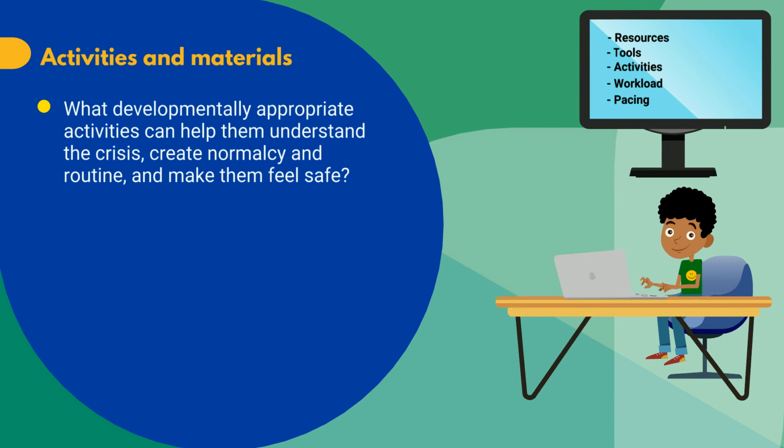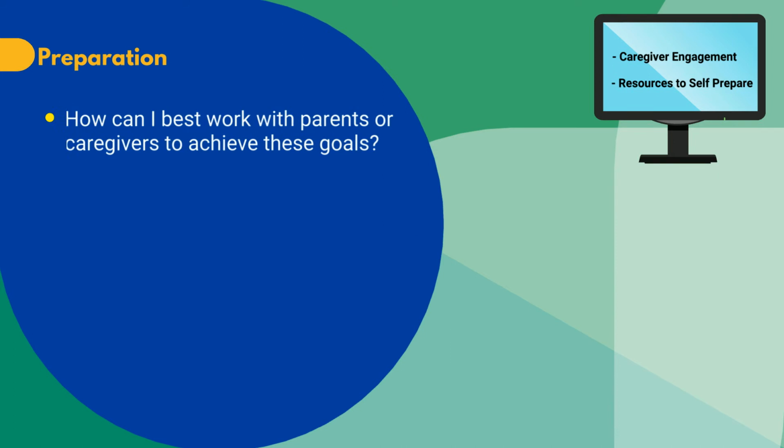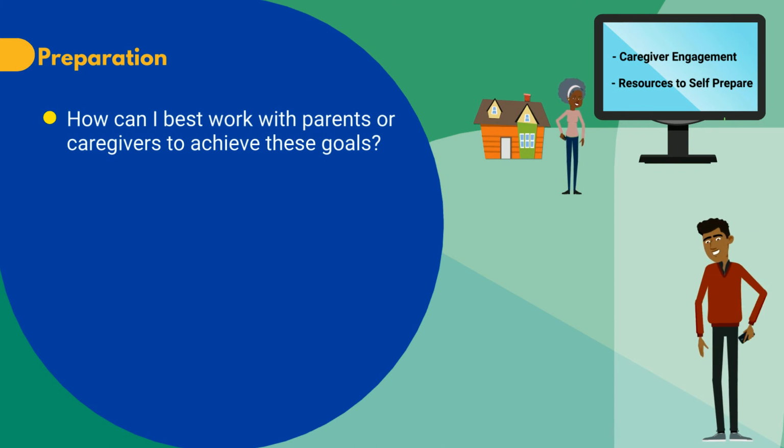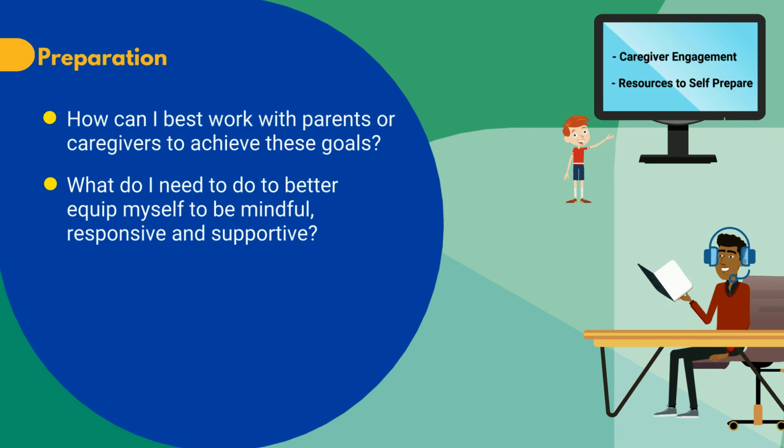What developmentally appropriate activities can help them understand the crisis, create normalcy and routine, and make them feel safe? How much work can I give them, and at what pace without creating more stress for them and their families? How can I best work with parents and caregivers to achieve these goals? What do I need to do to better equip myself to be mindful, responsive, and supportive?